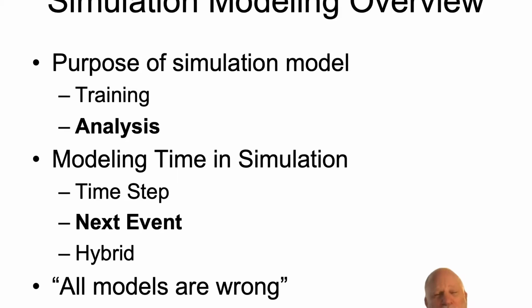Most, but not all, agent models use this time step approach. However, in discrete event simulation, we use something called the next event approach. And there's also something called a hybrid that tries to combine them. But the point is, we will be using the next event approach.